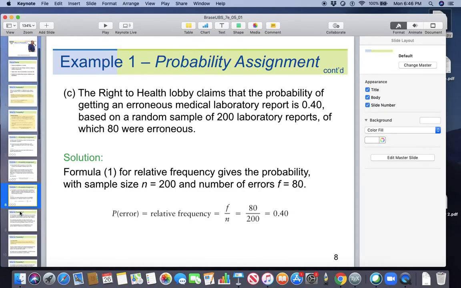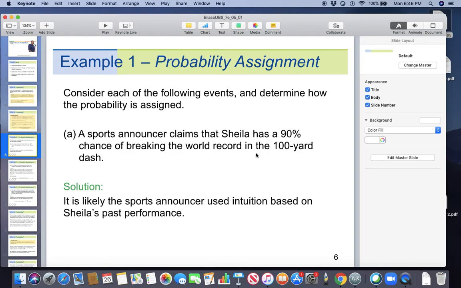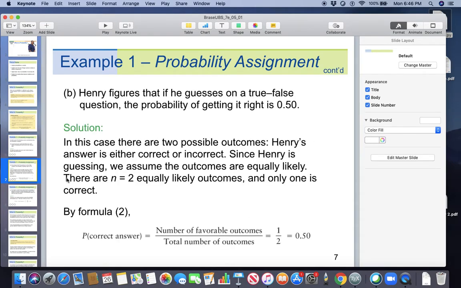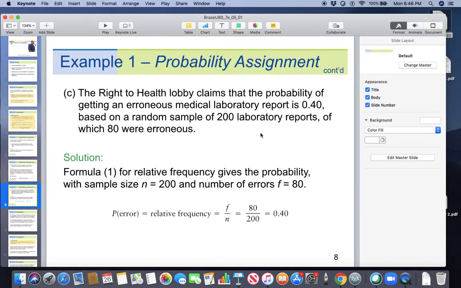All right. So there are these three examples: one, intuition; two, number of favorable outcomes over total number of outcomes; and three, basically frequency. 80 out of 200, so the error had a frequency of 80. Relative frequency is 80 out of 200.